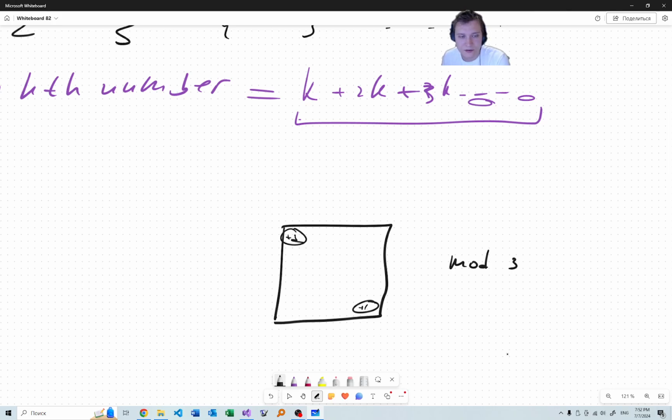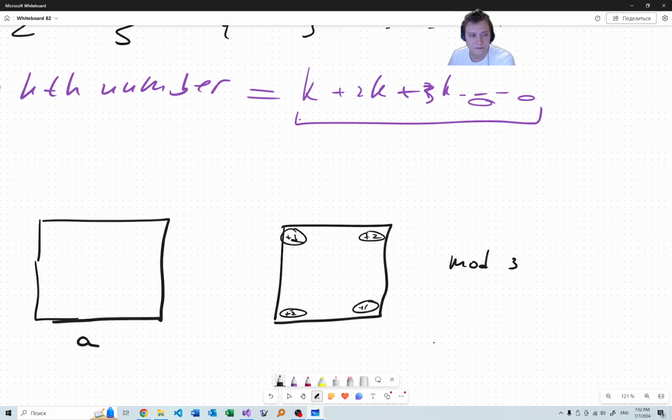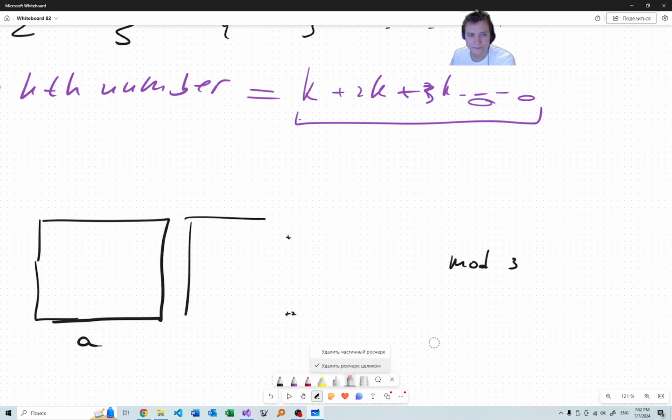And you can choose the other two corners and add 2 modulo 3. You can perform this operation as many times as you want, and you want to finish with an array B. So you're given two arrays A and B, and the question is, can you get B from A? Okay, let's try and solve that problem.